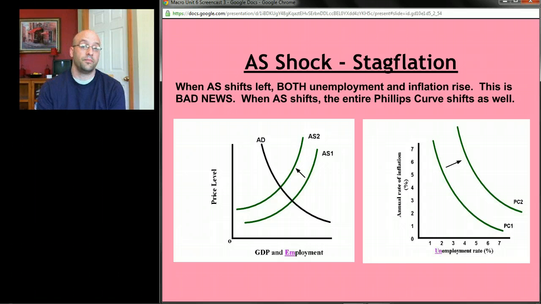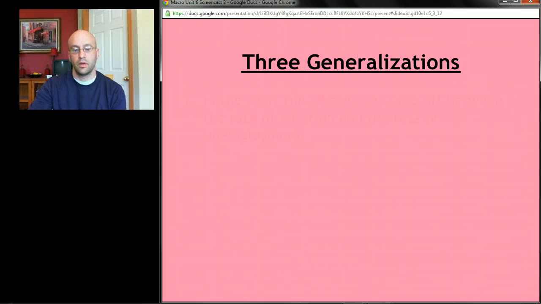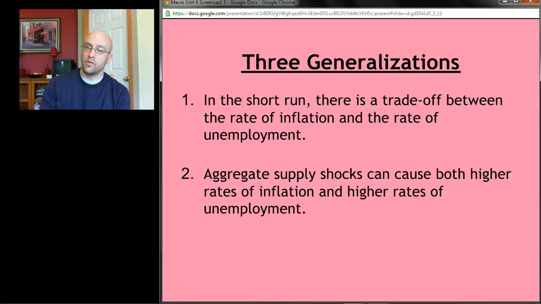And it shows you that in the short run, we can have both bad things happening, stagflation. Okay, so in the short run, there's a trade-off between the two. Second generalization, sometimes both of them get worse, and we can again represent that with our Phillips curve.